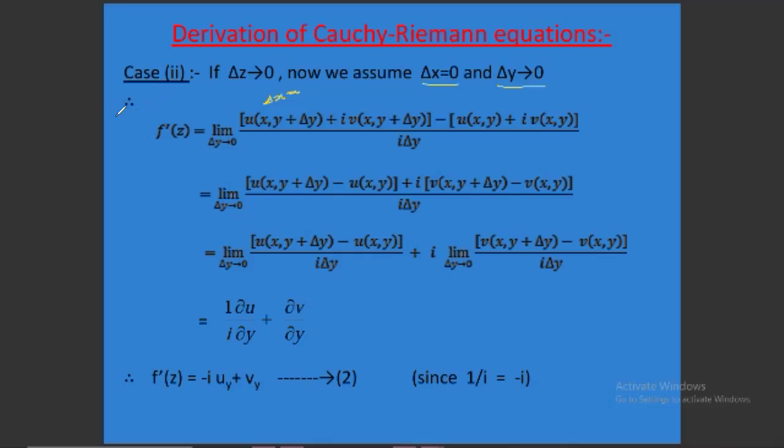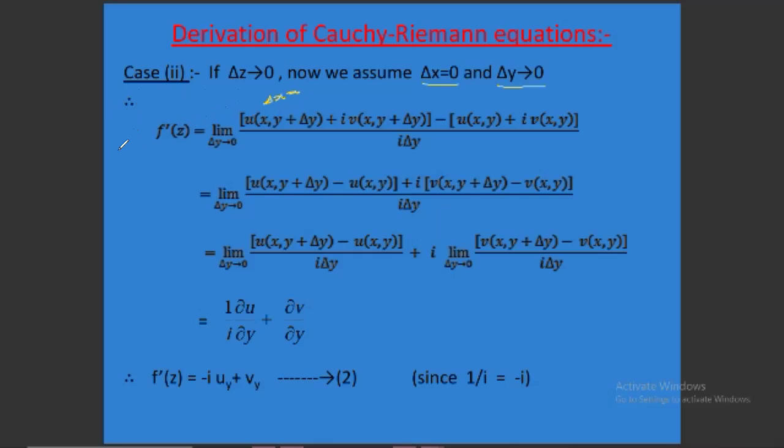Next, limit del y tends to 0, u of x comma y plus del y minus u of x comma y plus i into v of x comma y plus del y minus v of x comma y, the whole divided by i into del y.